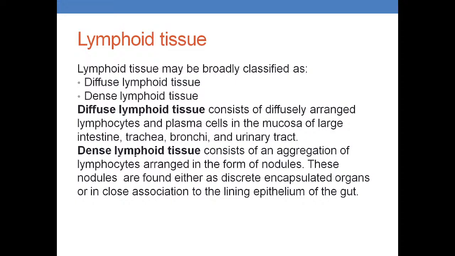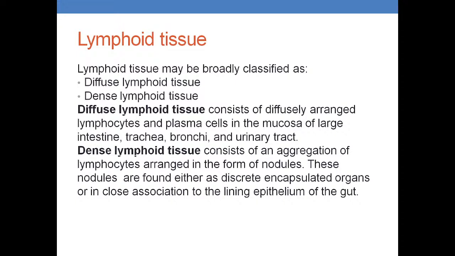Lymphoid tissue may be broadly classified into diffuse lymphoid tissue and dense lymphoid tissue. Diffuse lymphoid tissue consists of diffusely arranged lymphocytes and plasma cells in the mucosa of the small and large intestine, trachea, bronchi, and urinary tract. Dense lymphoid tissue consists of an aggregation of lymphocytes arranged in the form of nodules.